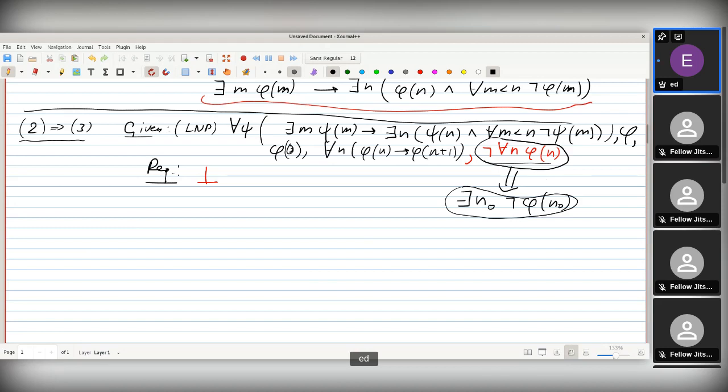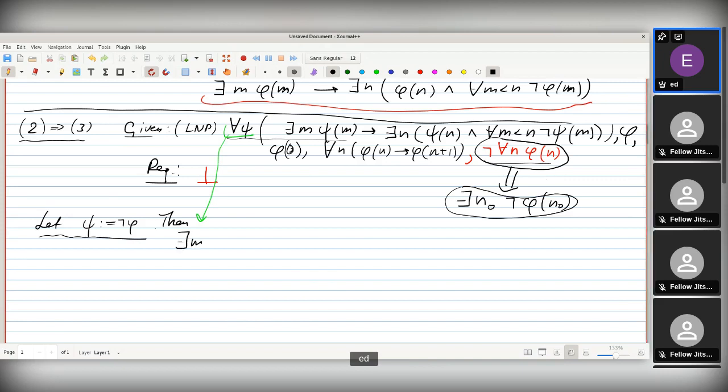And now we shall apply the least number principle. Let psi be not phi. Then, according to this least number principle, we have the following.